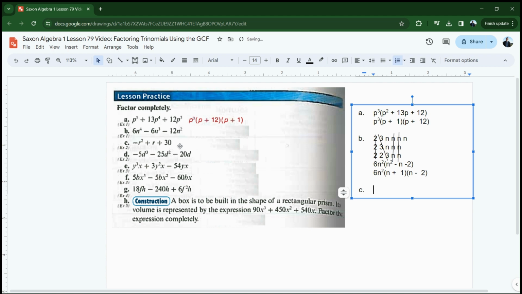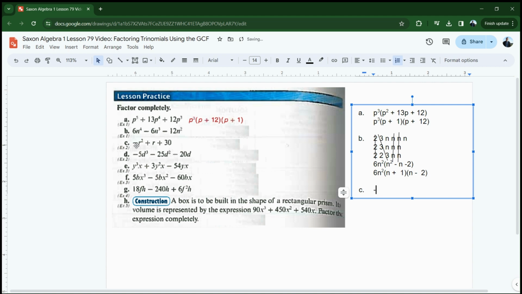Let's take a look at letter C. Letter C is proving a point, okay? Hey, if I start off with a negative r squared, by the way, this is really important because this is going to come up again and again. If I start off with a negative r squared, I can't deal with a negative first term. That's going to throw off the whole trinomial. So what I'm going to do instead is factor out that negative in front of a set of parentheses.